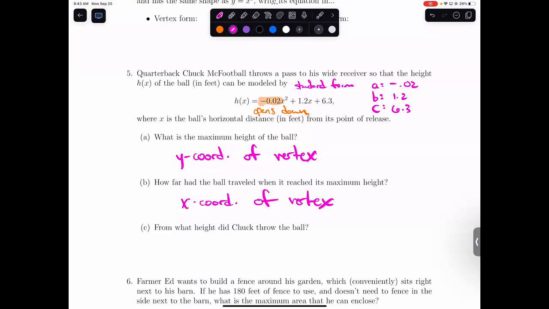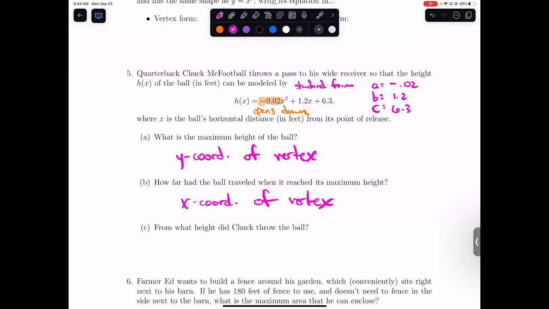How do we find the vertex? I can either do the whole completing the square thing to get it into the vertex form so I can read it off, but those coefficients are messy decimals and that's going to be a whole thing, right?